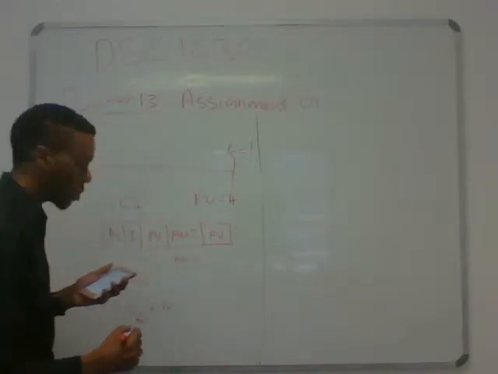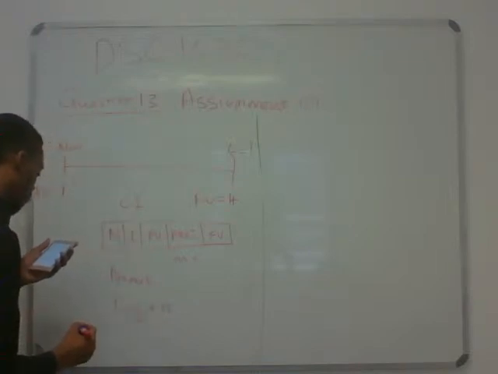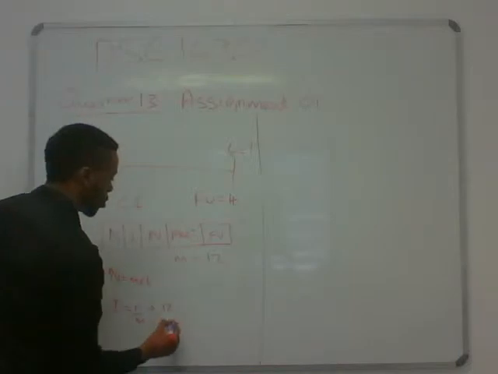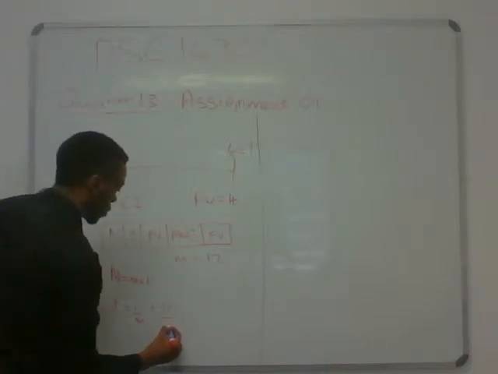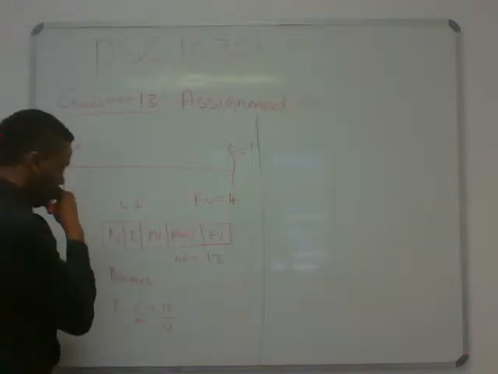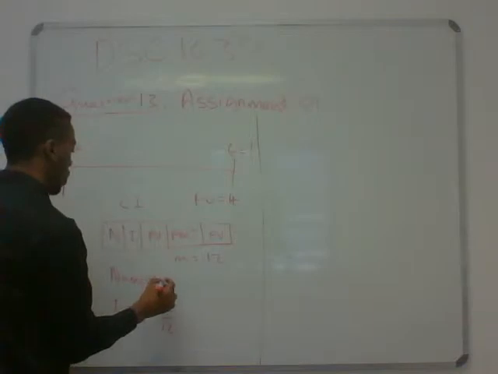Compounded monthly means your M is 12, because there are going to be 12 compoundings. How long will it take for the principal P to become 4 times its original value? So we're looking for time.